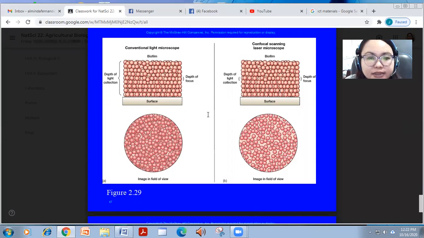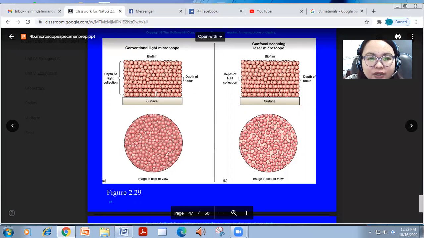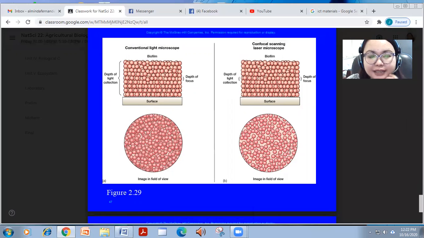But in terms of the same focus of the image and the surface, the view that you can see here is different from A to B, no? So it's more detailed here, and it's clearer and nearer in the confocal scanning laser microscope.